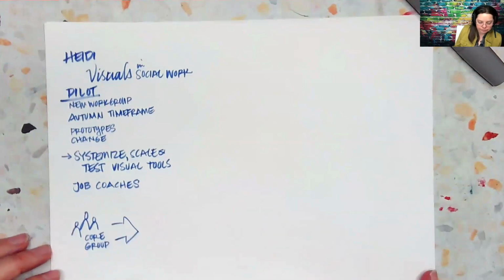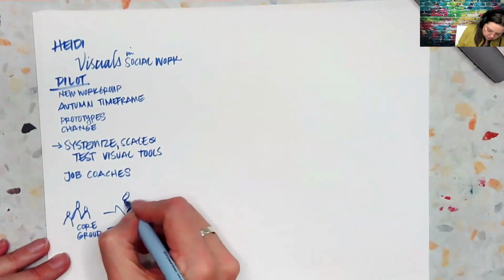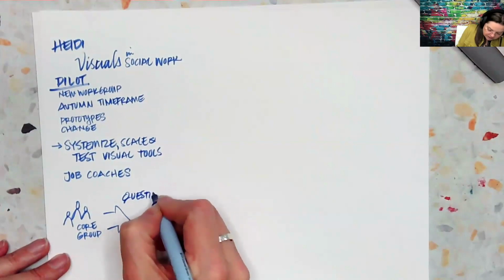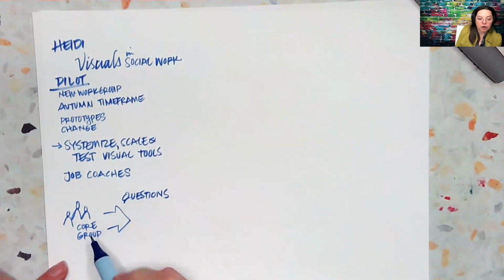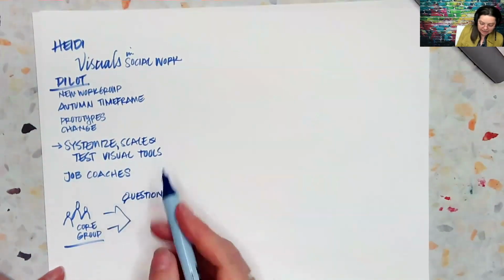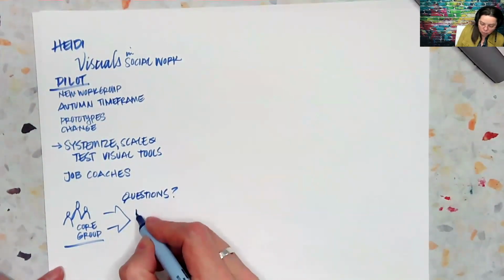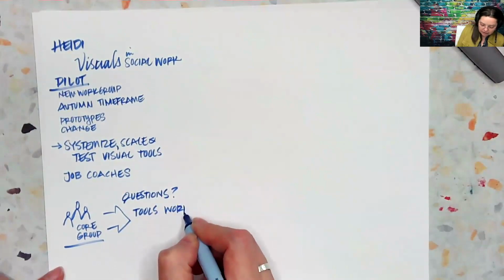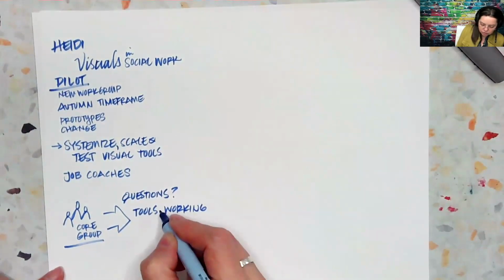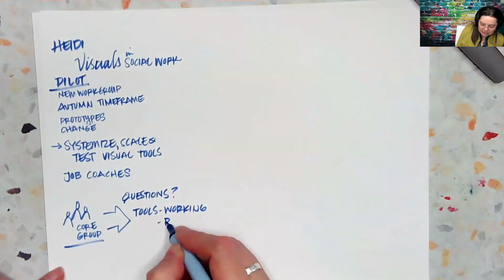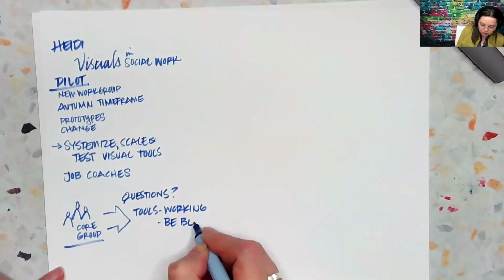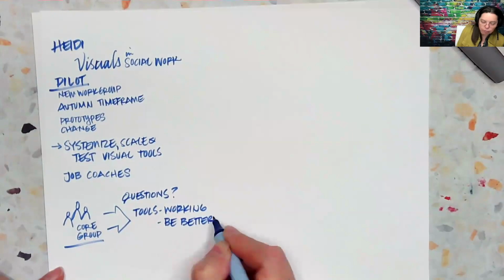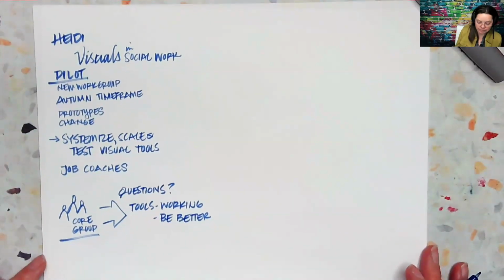So I would have to investigate if their method is working for them. This is a great opportunity to have a core group of people that are job coaches to help you find out what tools are currently working, what tools will help them be better or do better at their job, improve the process, right?